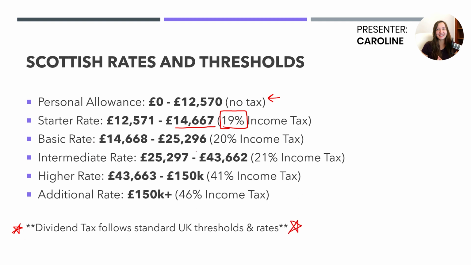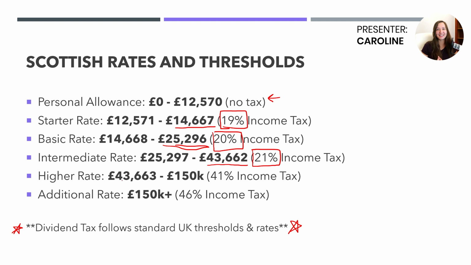The basic rate at 20% goes up to 25,300, which is 20%. Intermediate rate, it goes from the 25,297 to 43,662, and that goes up by another 1%. So they just kind of made a tiered system here.